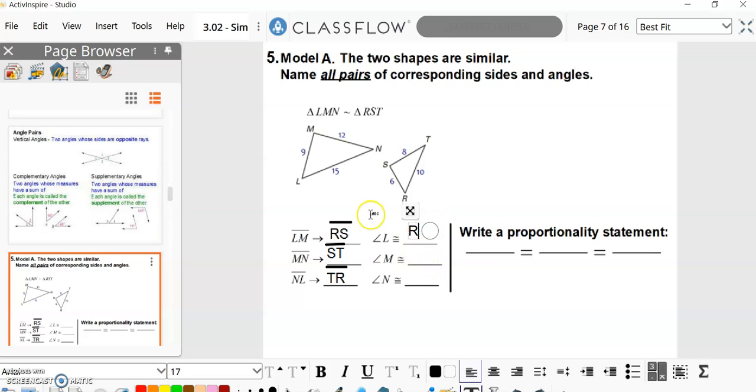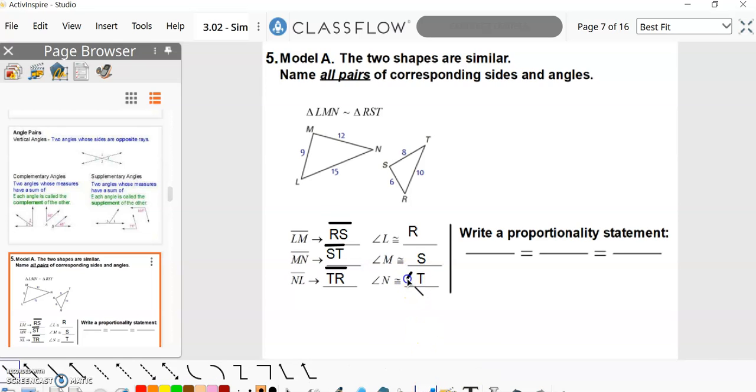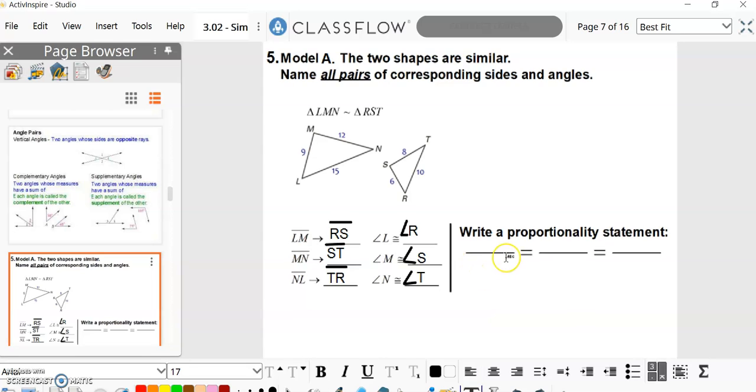And then angle M is comparing to S. And finally, we have angle T. And there should be a little mark, and then another one, to create a little angle sign. Run out of space. There you go. Looks a little weird, but whatever. That's right. Okay. Write a proportionality statement.